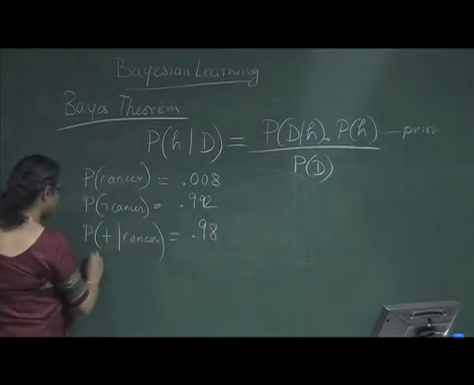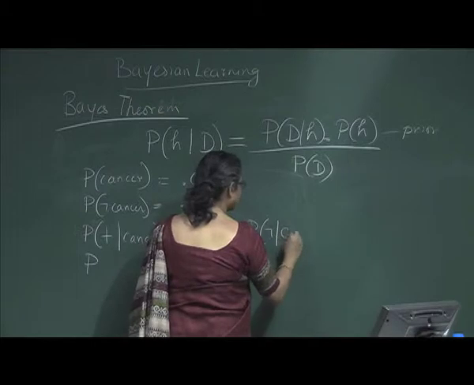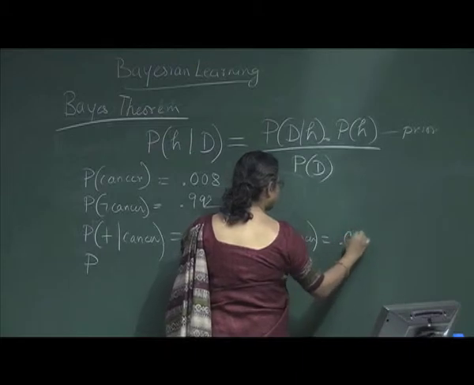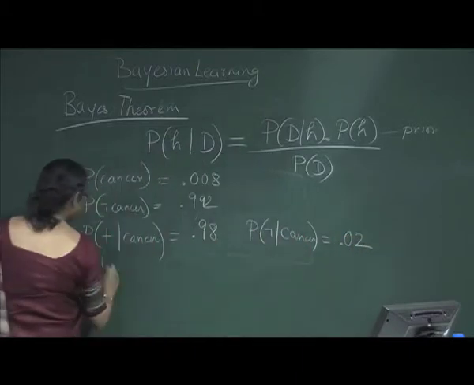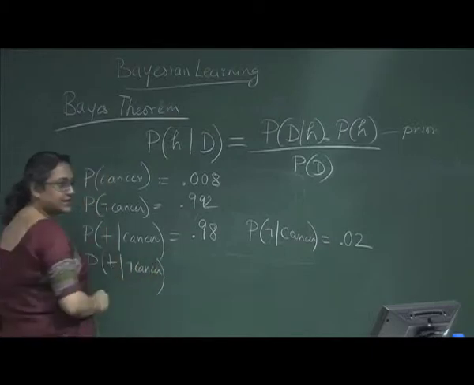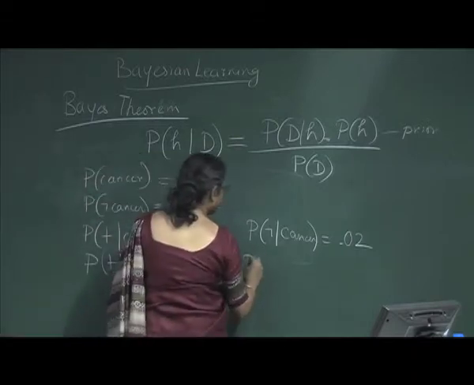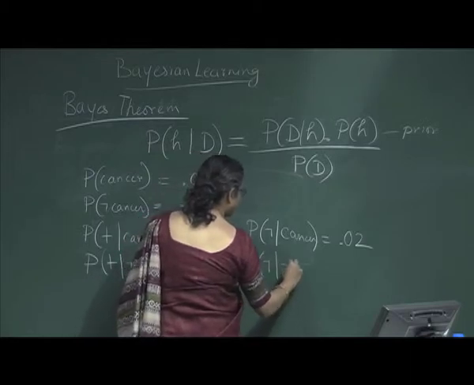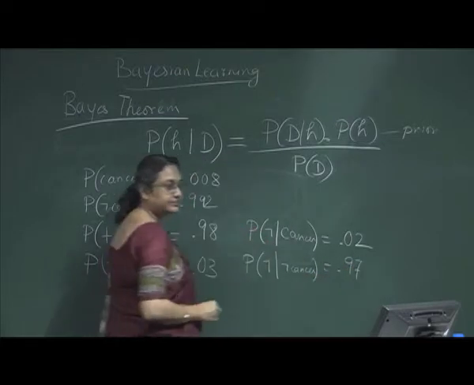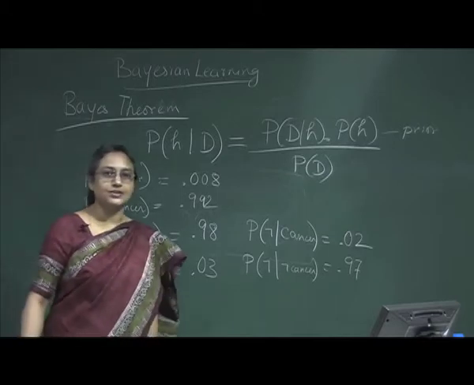Therefore, the probability of the test being negative given cancer is equal to 1 minus 0.98, that is 0.02. What is the probability of the test being positive given not cancer? This is given by 1 minus 0.97, that is 0.03. Similarly, probability of negative given not cancer is given to be 0.97. So, these are the values that are supplied to you in the problem.